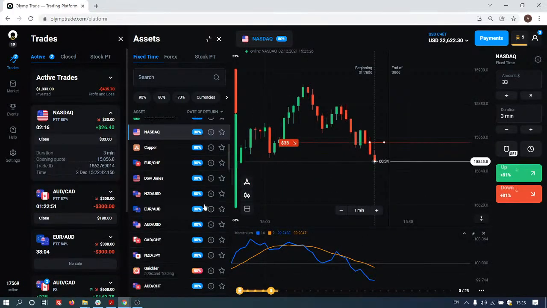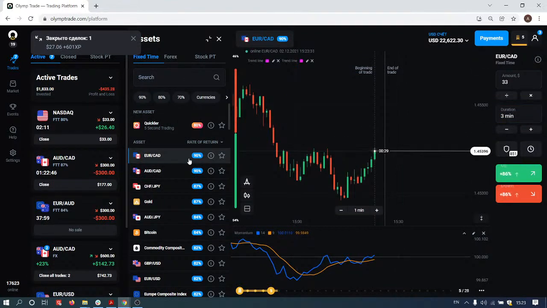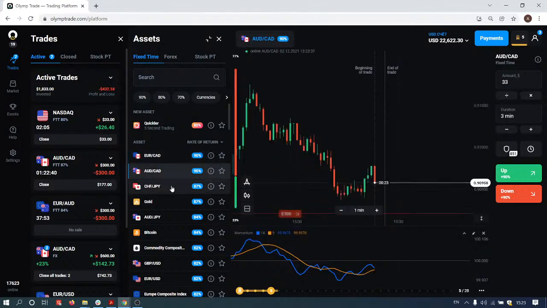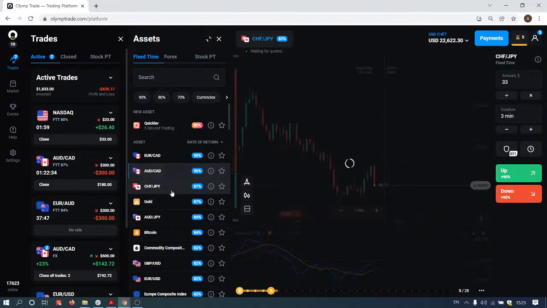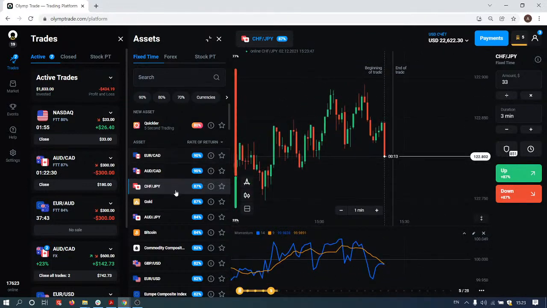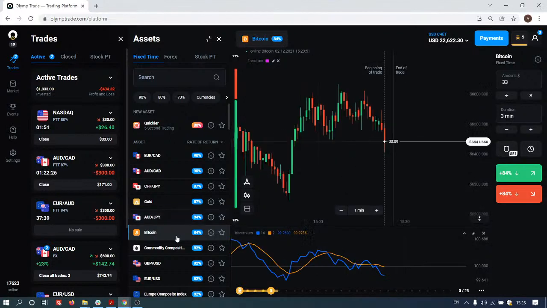Because sometimes you pretty much guess the correct direction of where the price will go next, and then just because you set a wrong stop loss, you lose your trade, and you're like, oh wow. It's very painful to watch such trades.